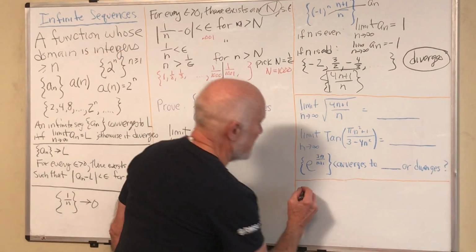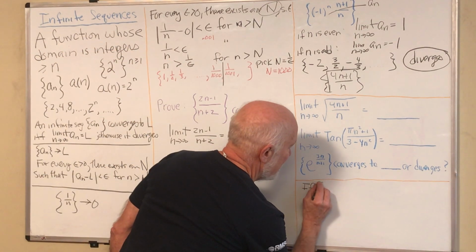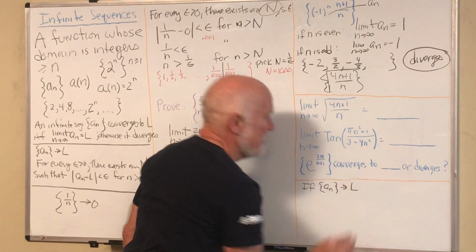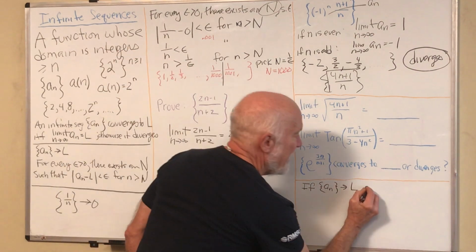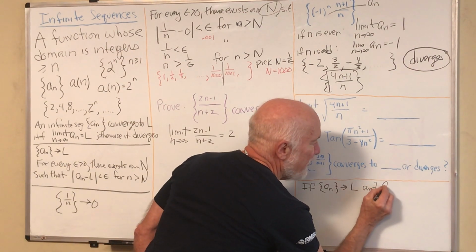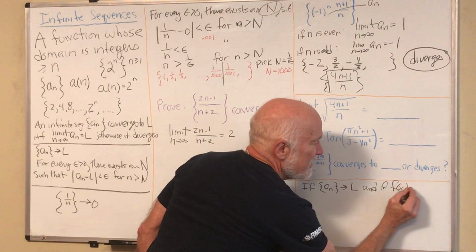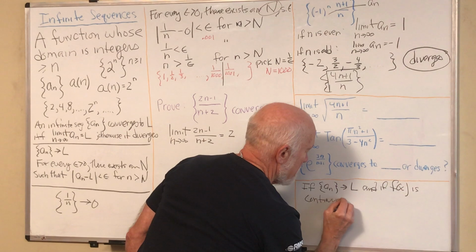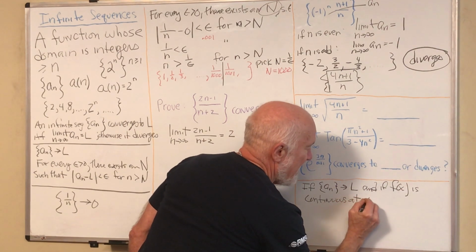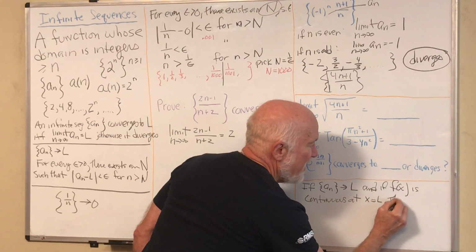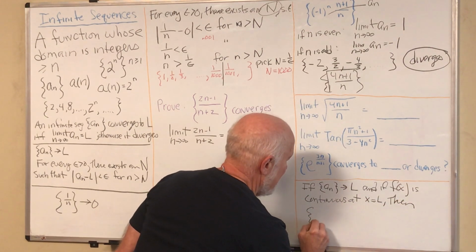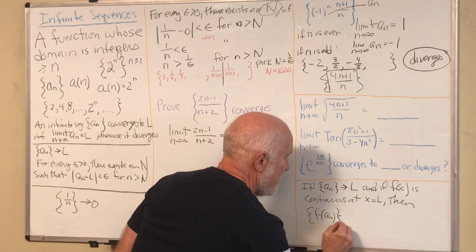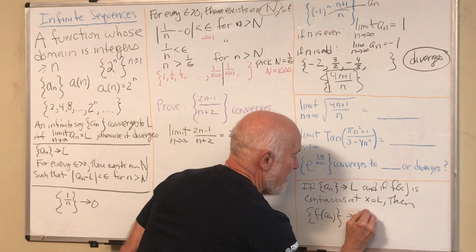What they proved is, if the sequence a sub n converges to some number L, and if a function f of x is continuous at x equals L, then the sequence f of a sub n converges to f of L.